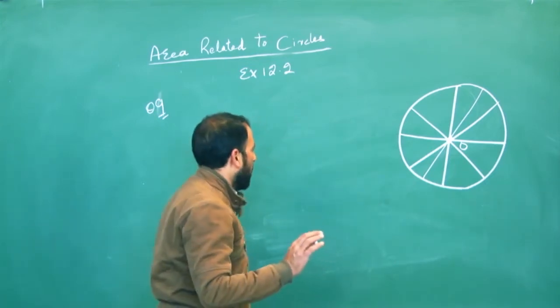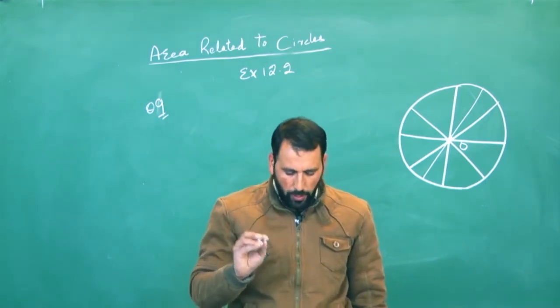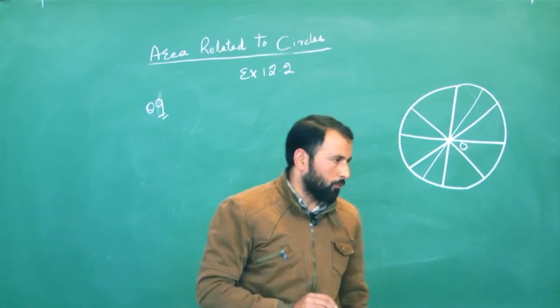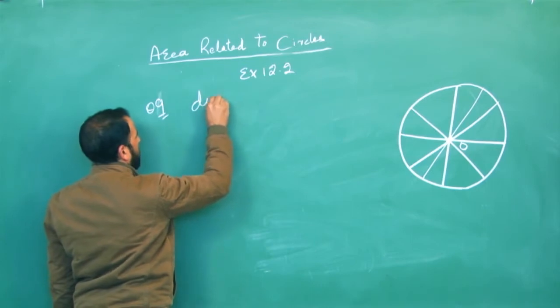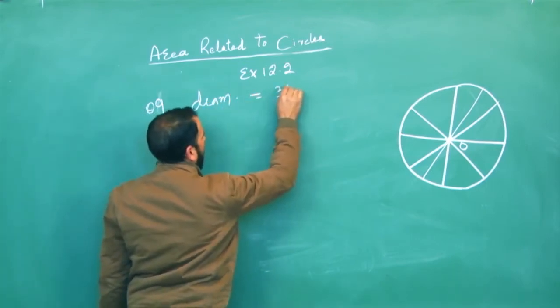So first part is, what is the total length of the wire required, and the area of each sector of the brooch.